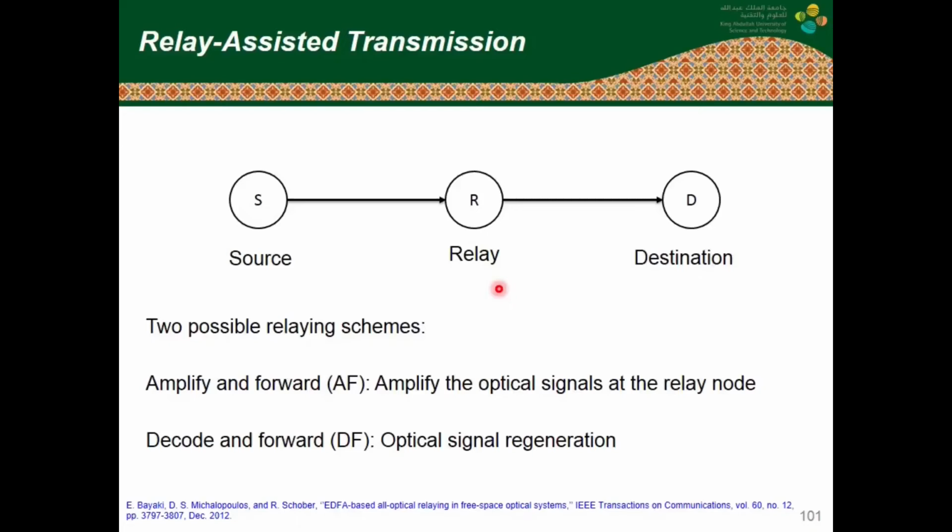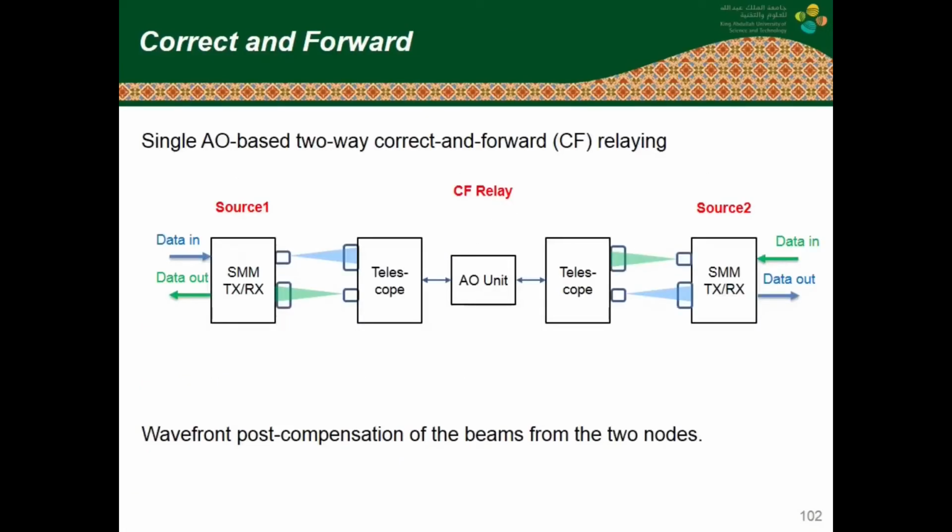The second relaying scheme is decode and forward, which is quite complex compared to amplify and forward, and consists of decoding the beam at the relay node before regenerating the beam and then forwarding it to a destination node D. Both relaying schemes are quite useful for single mode FSO, but might be very challenging for OAM free space optics.